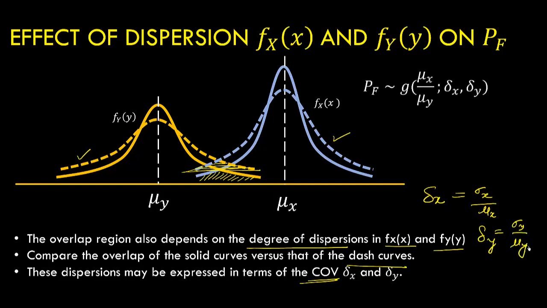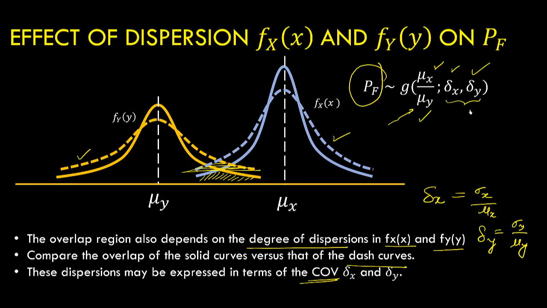So in summary, basically we can say probability of failure is a function of mu x divided by mu y, as well as this is also a function of coefficient of dispersion. So this is related to relative position and these two are related to dispersion of the curve.